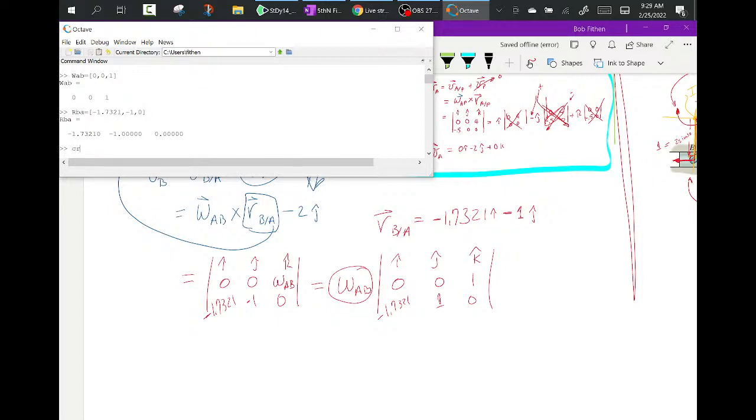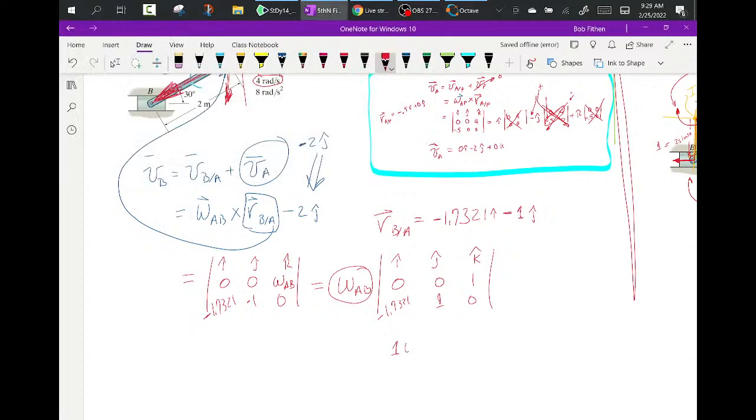Now I can do a cross of omega AB with R_BA, and I end up with 1 omega.